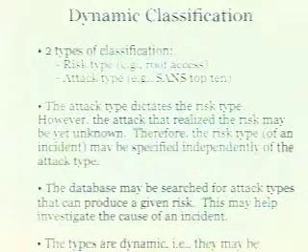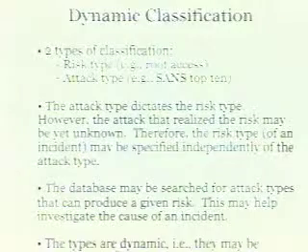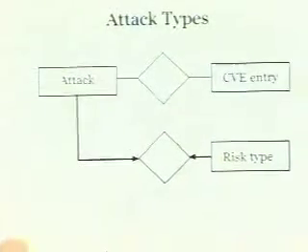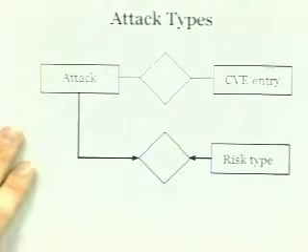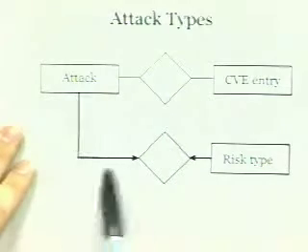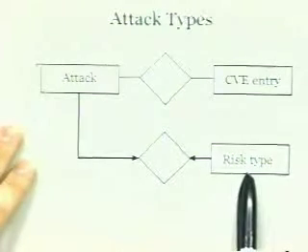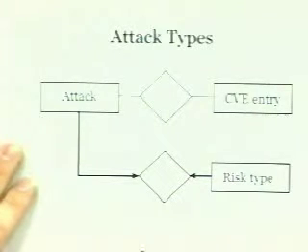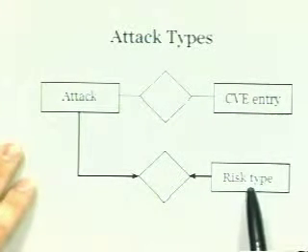For example, that would be the use of weak passwords with well-known user IDs. This is the way it looks. For each attack, you can have one risk type, and every attack has a risk type.